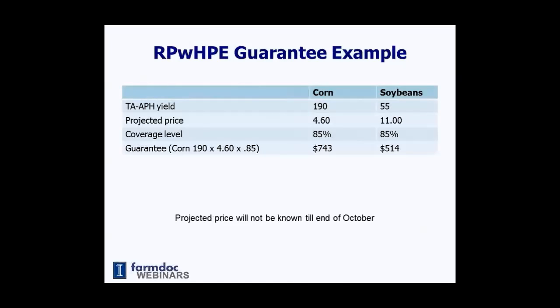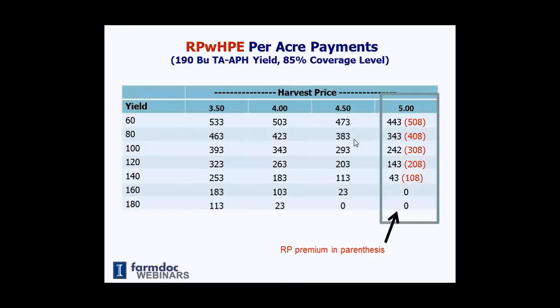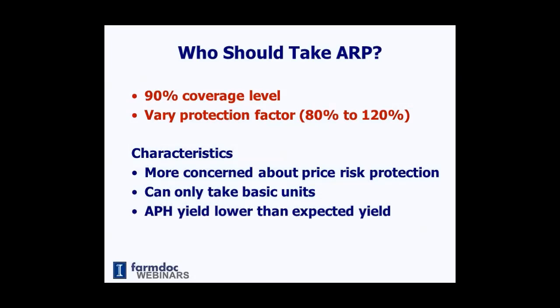Here's the guarantee. It won't increase if we have a higher harvest price, and as a result we'll have differences in premiums when harvest prices are above the projected price. When harvest price is below the projected price, there won't be any difference in premiums, but here that $5 price, we will see differences in premiums again because there is no guarantee increase in it.